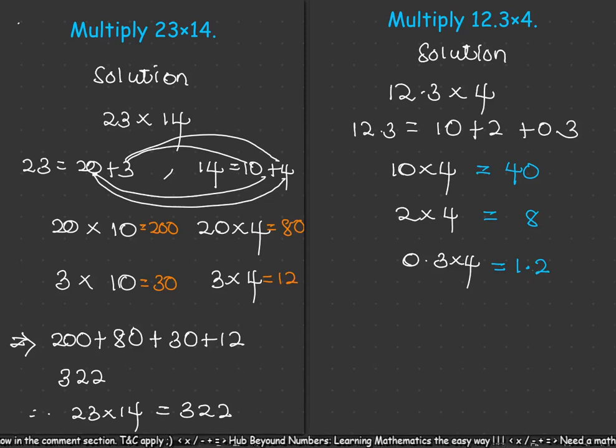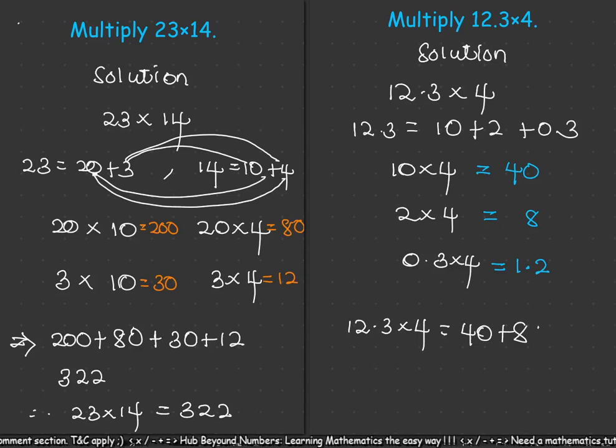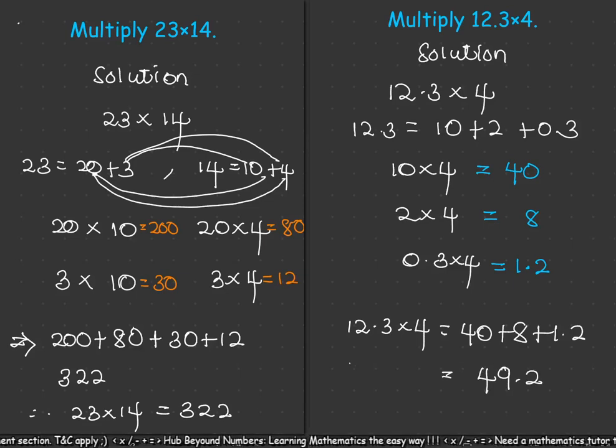So we have 40 plus 8 giving us 48, and 48 plus 1.2 gives us 49.2. So that simply means that 12.3 times 4 is equal to 40 plus 8 plus 1.2, which is 49.2. As simple as that.